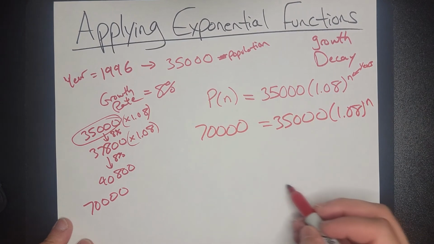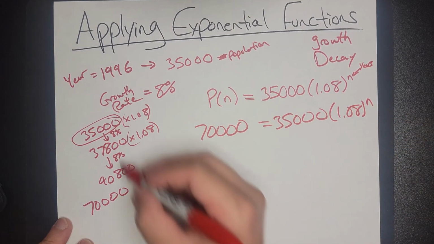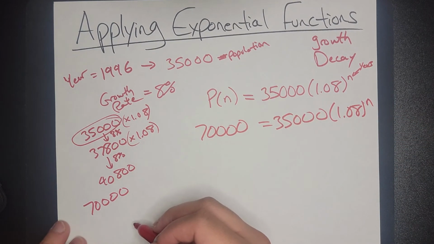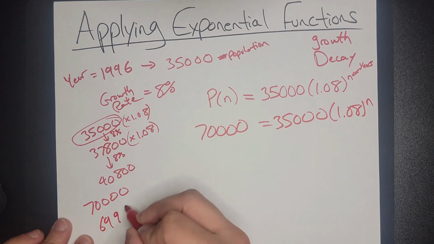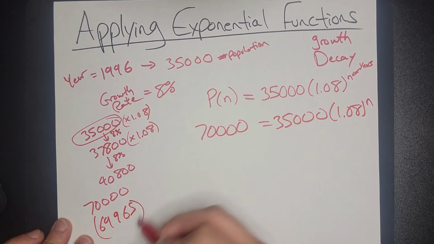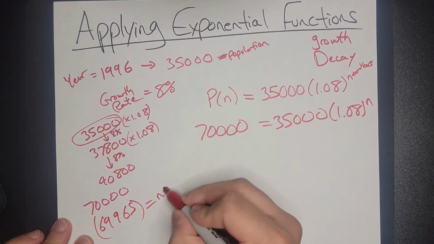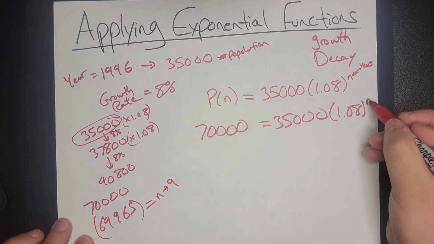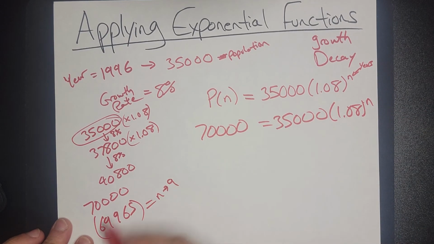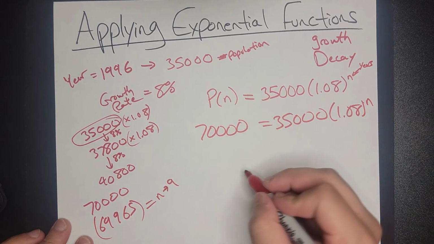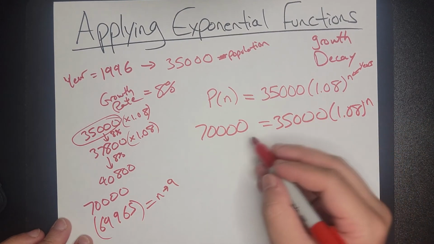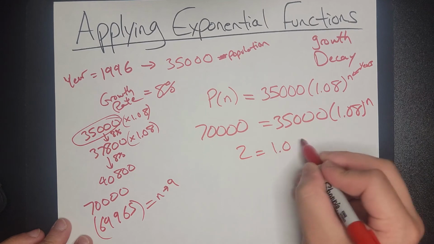So in this problem, if you were to continue doing it, then you would have basically 69,965 as a solution when you have n equals 9. So if you plug 9 in there, you end up with that. Or you could solve for n using algebra, and that would just be 2 equals 1.08^n.